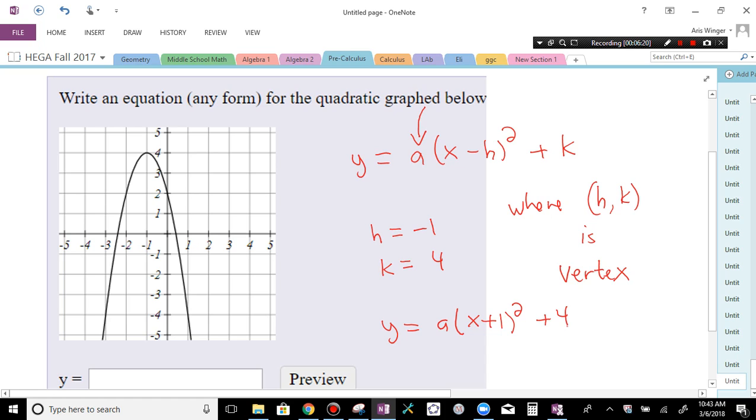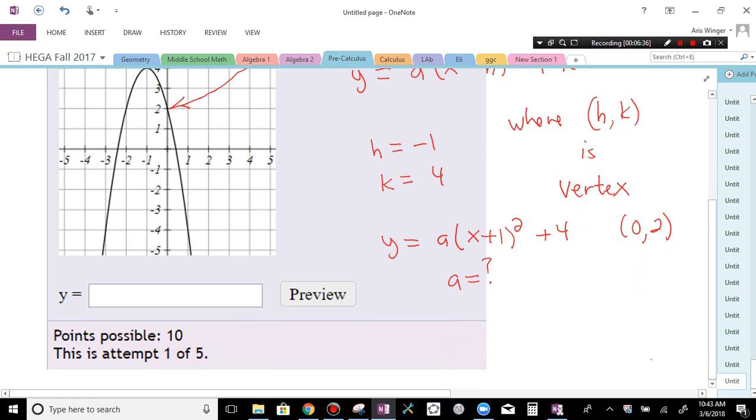Now the question is, how do we find a? You just find some other point, and I really like this one. 0, 2 seems to be on this graph. So when you plug in 0, you're supposed to get 2. So 2 should be equal to a times 0 plus 1 squared plus 4.